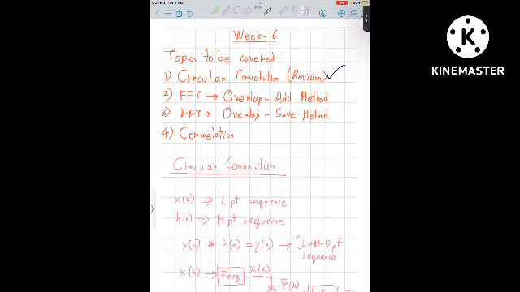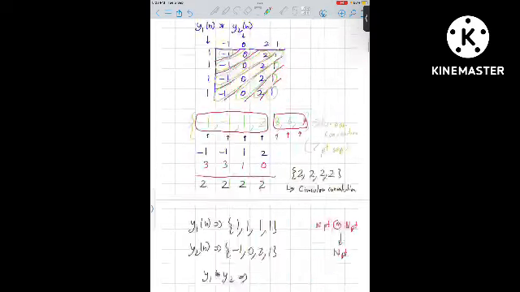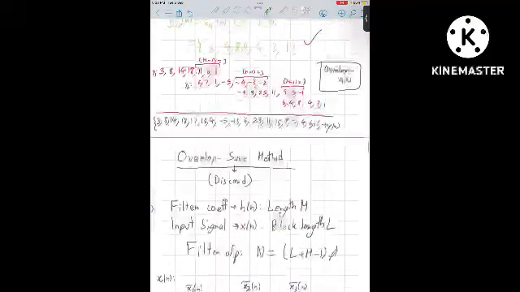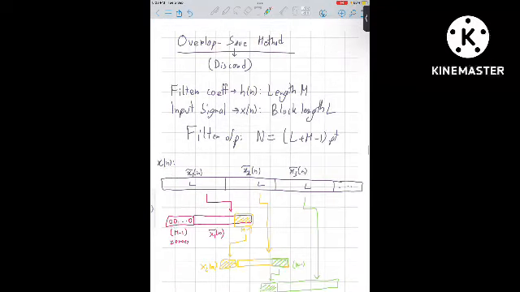So once again, we use the same notation. Filter coefficient h of n of length m, input signal x of n, block length L. So the filter output is L plus m minus 1 point.